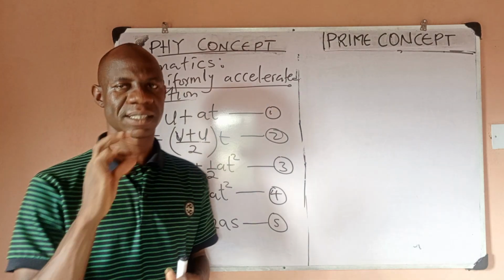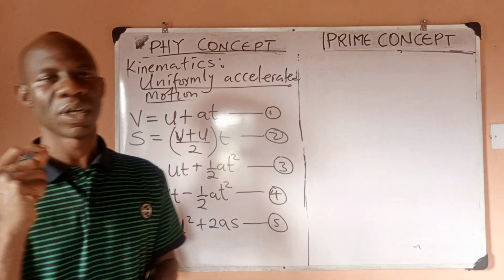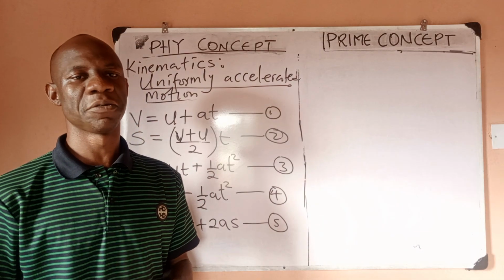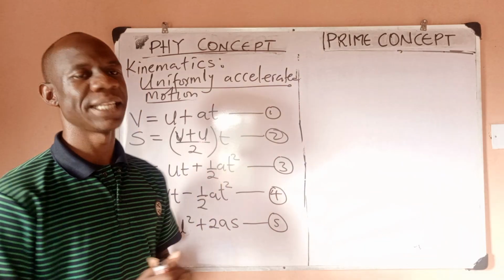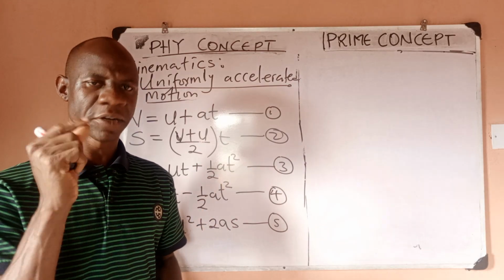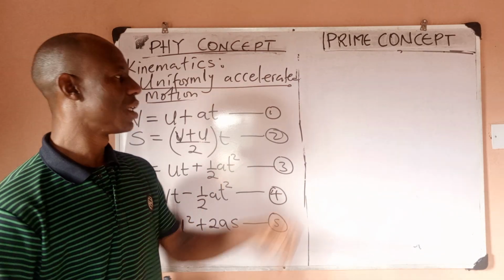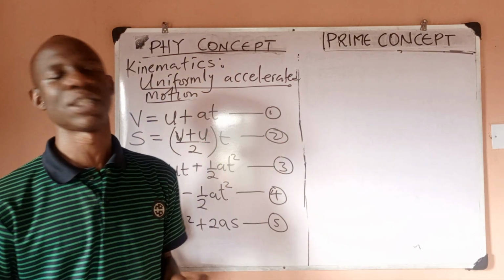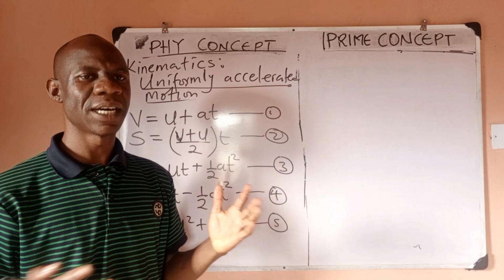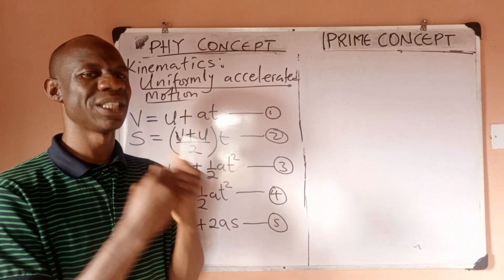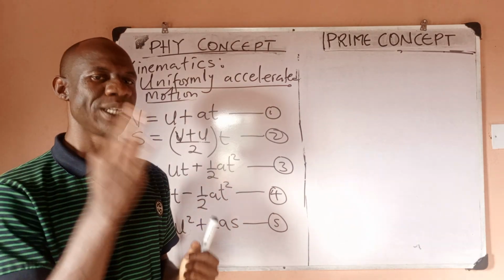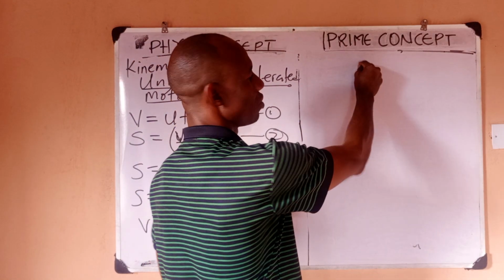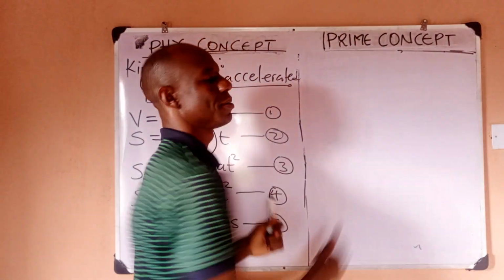Now, one of the first things I want you to learn when you are solving physics, anytime you are given a problem in physics, be it kinematics or any other topic, first thing you want to always do is to write out the parameters that are given in that question. Don't fail. Say they tell you a particle is moving with a velocity 20 meter per second, you write out that velocity is given to you and the value is what? 20 meter per second.